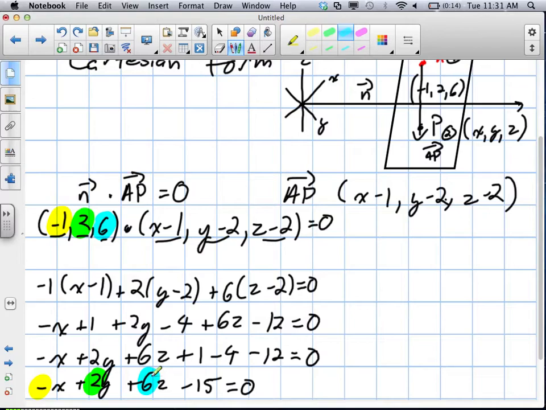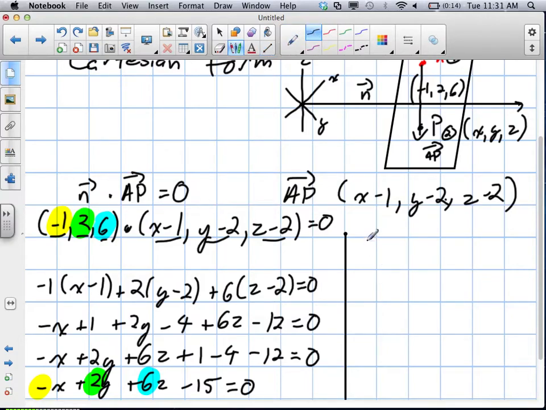Okay? Because we had that normal, technically another way we could have solved this question, which might have been a little faster, was taking the normal, putting it directly into Cartesian form, and then plugging a point along that plane in.